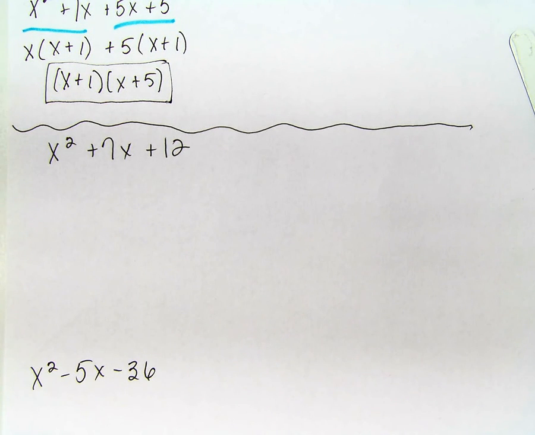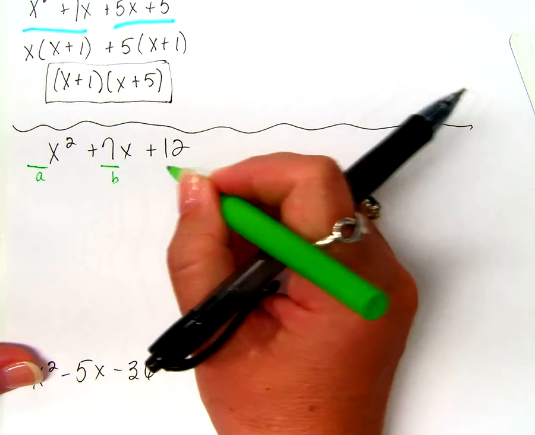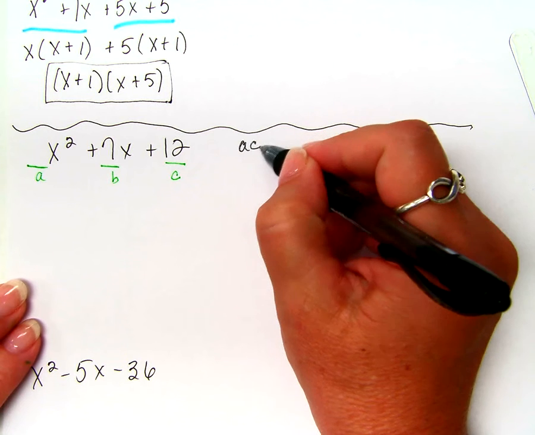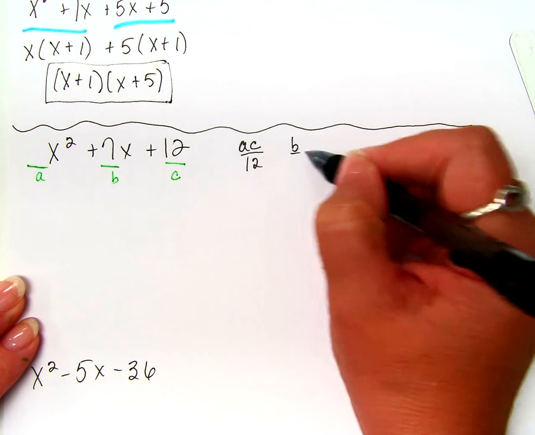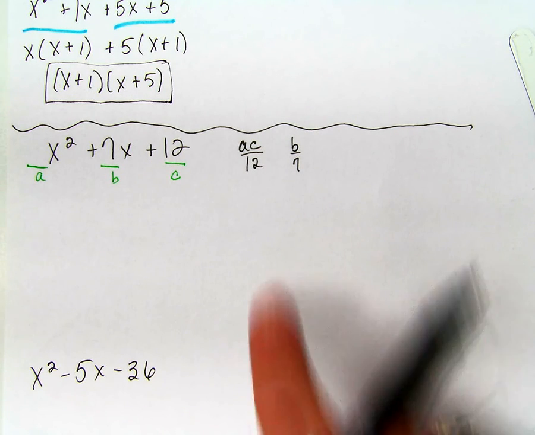What do we need to do first? A, B, C. So what is AC? 12. What is B? 7. Tell me what two numbers multiply to be 12.